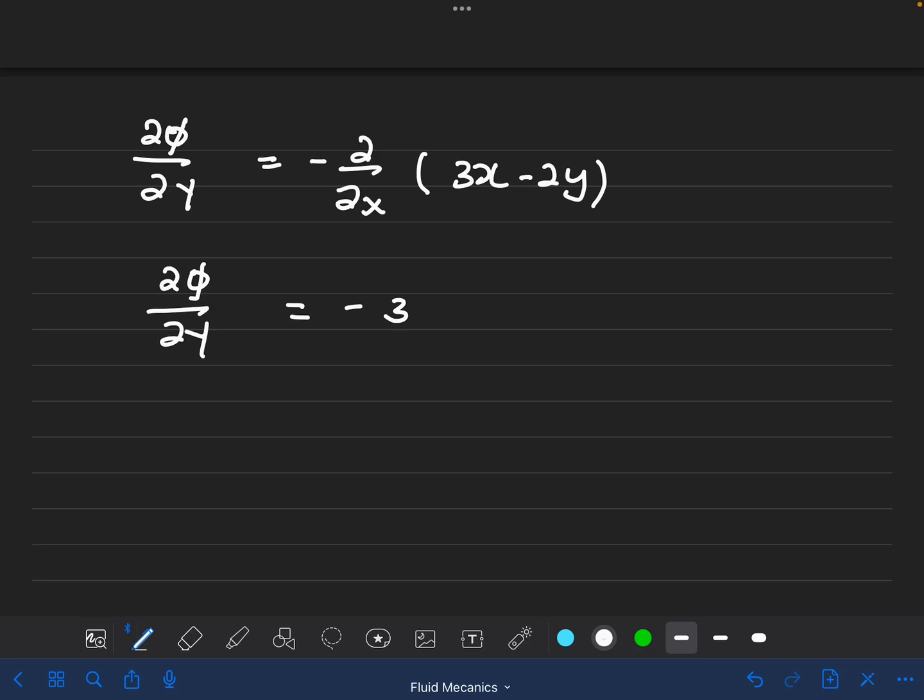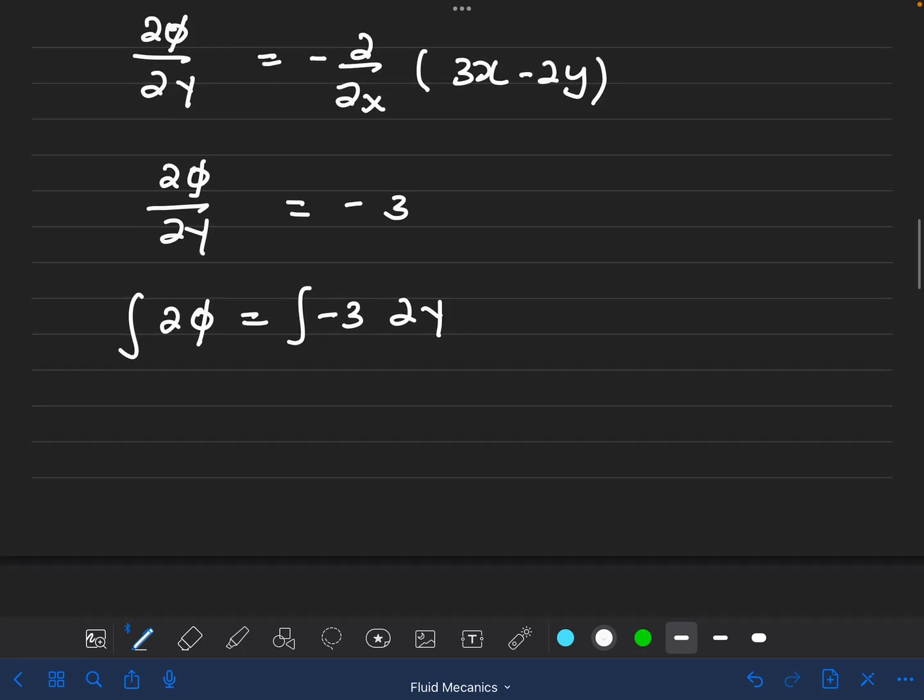Okay, so what do we have here? We need to find the expression for the velocity potential, right? So we take it further in this manner, and then in order for us to find the velocity potential, we integrate. Then this equals, so we're going to integrate in terms of y.